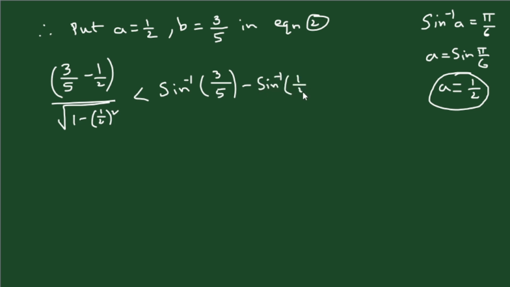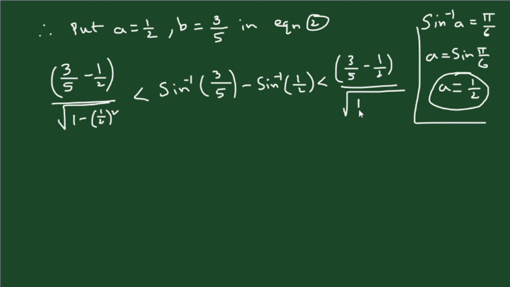a is 1 by 2, less than (b minus a) 3 by 5 minus 1 by 2 by square root of 1 minus b square, b is 3 by 5 whole square. So when you simplify this, you will get the answer. Numerator is 6 minus 5, 1 by 10.